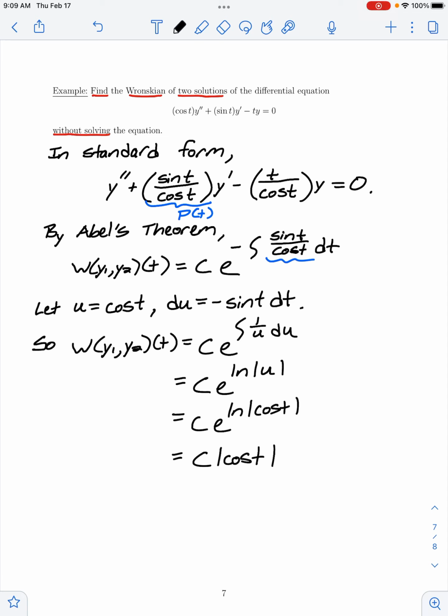Depending on which t interval we're working on, cosine t could take either positive or negative values. So the positive or negative, we could group with our arbitrary constant c out in front and write this as c times our cosine of t function. So here we have the general form for the Wronskian of two solutions of this differential equation. It's given by some constant times cosine of t.